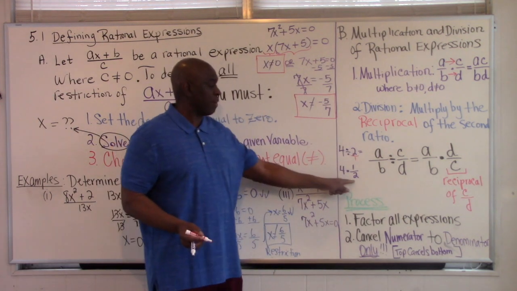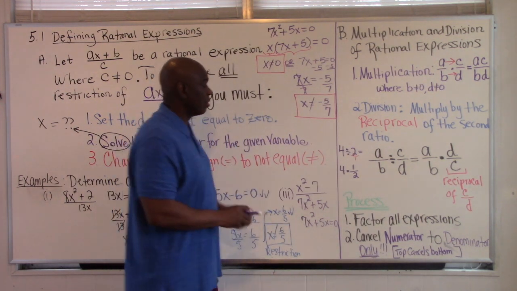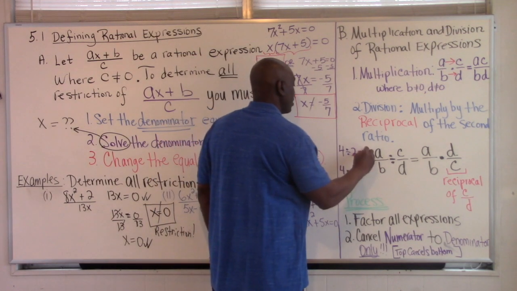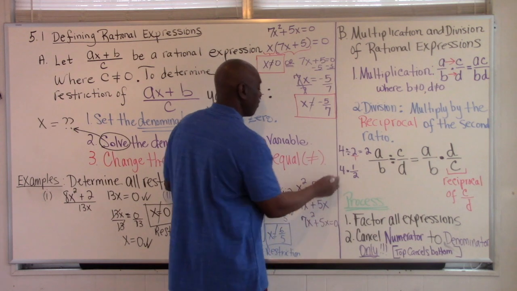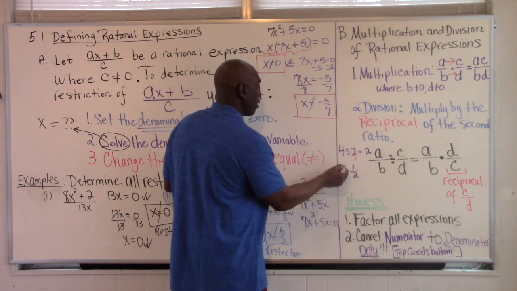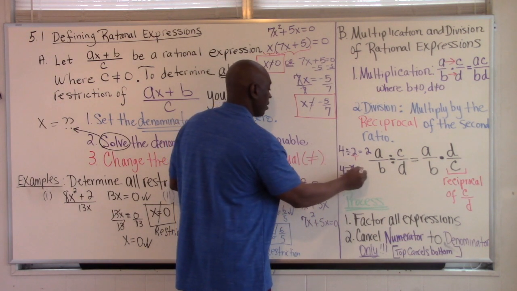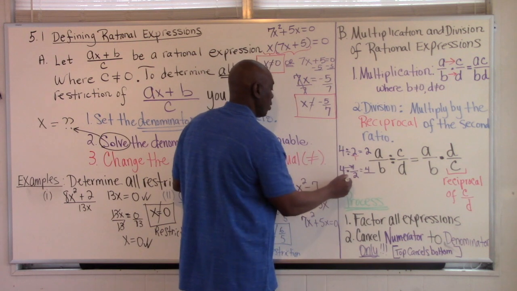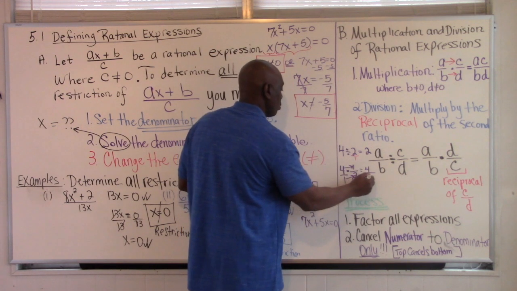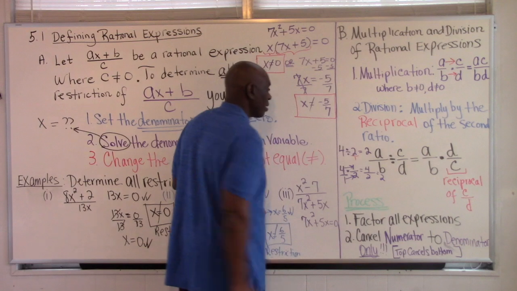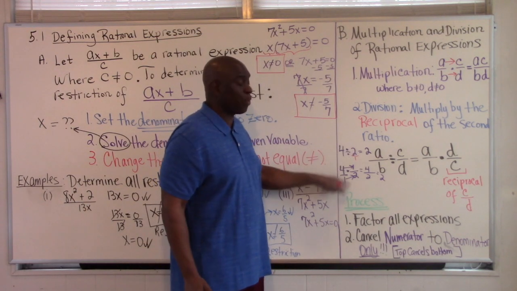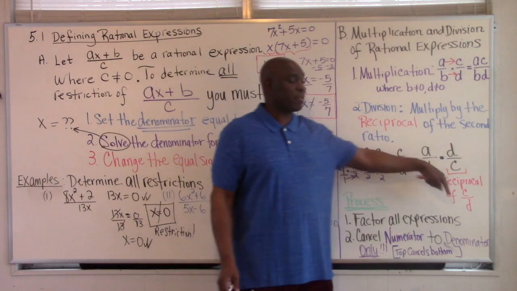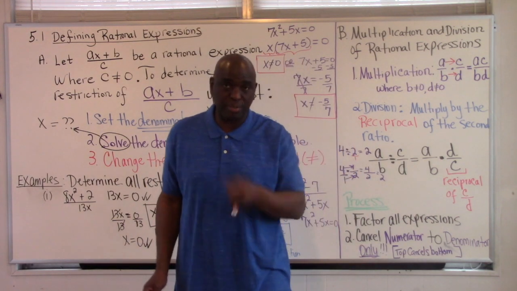So multiply by the reciprocal. You know 4 divided by 2 is 2. And then 4 times 1/2, if I put a 1 underneath the 4 and multiply going straight across, that's going to give me 4 over 2, since 1 times 2 is 2, which is also 2. So dividing by 2 is the same as multiplying by 1/2. That's what's happening right here. That's the reciprocal operation right there.